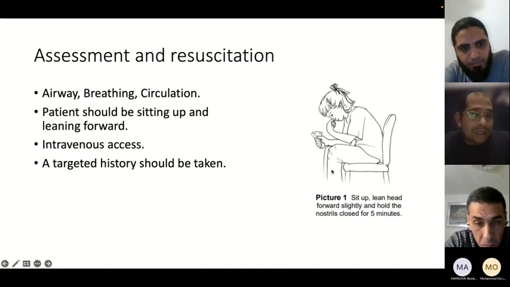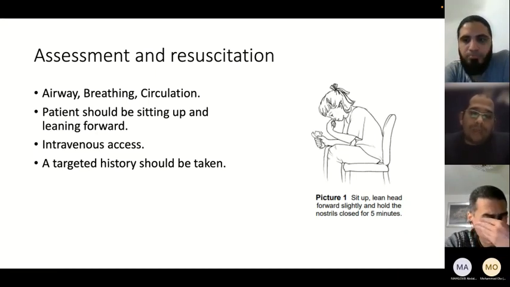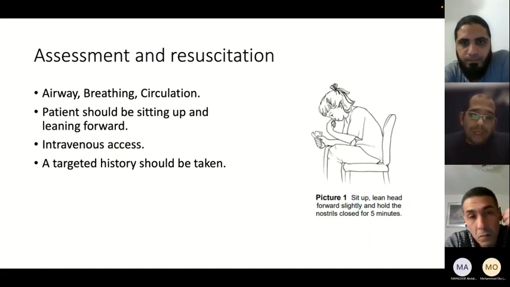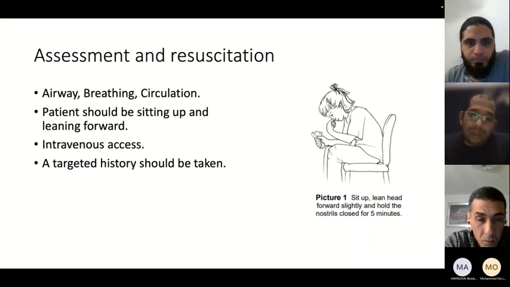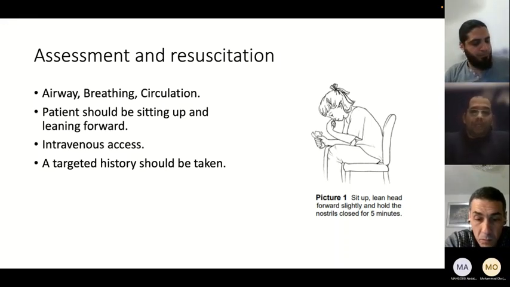While the patient is sitting, we can assess blood pressure or insert cannulas, have intravenous access to take blood for investigations, and take a very targeted history to identify the cause behind this bleeding, either primary or secondary, and start appropriate therapy.